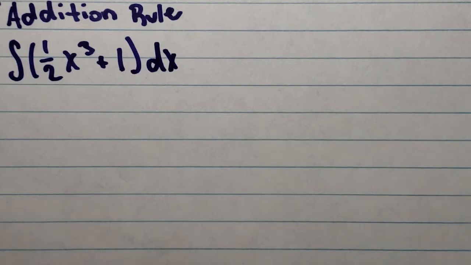This is another very similar question to the previous one. Over here, you would use the addition rule, where you would treat each term individually and apply the power rule on all of them.